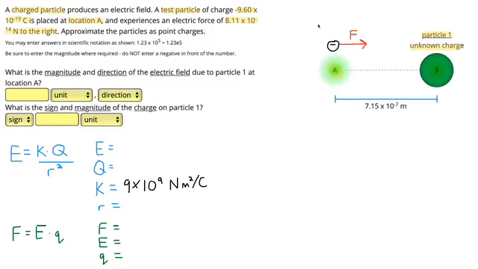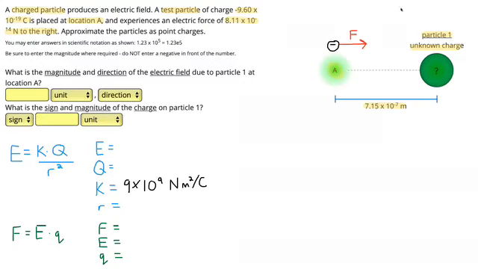We're also given in the question the distance between our particles. So in this one, we're going to be working backwards because we know the charge on our test charge and we know the force. So we'll be able to use those to figure out our electric field strength at location A. Then we can work backwards from there to figure out the charge of our particle.